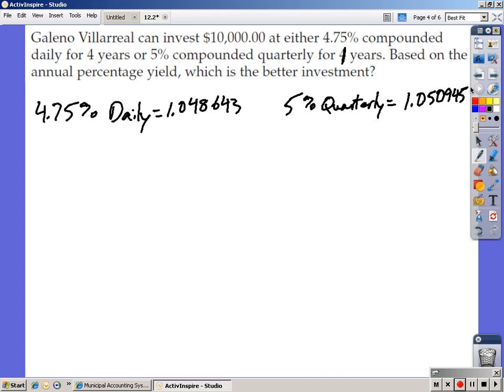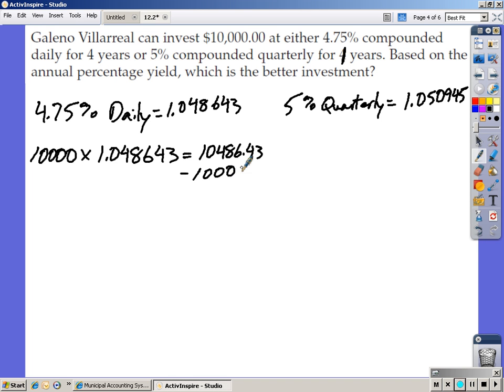Now, take the original 10,000, multiply it by your numbers that you just came up with. Okay? You should come up with $10,486.43. Okay? Subtract your original 10 grand off that. 486.43.